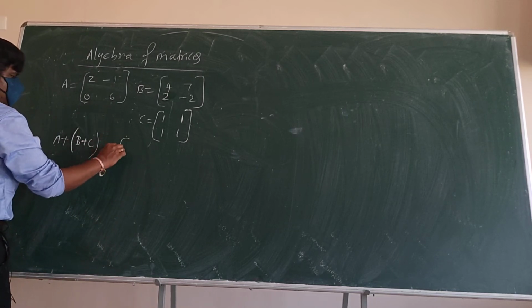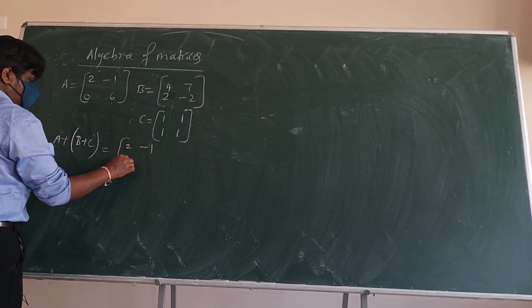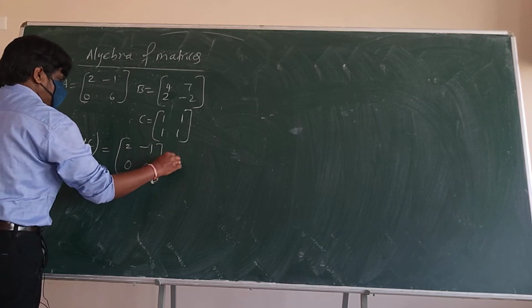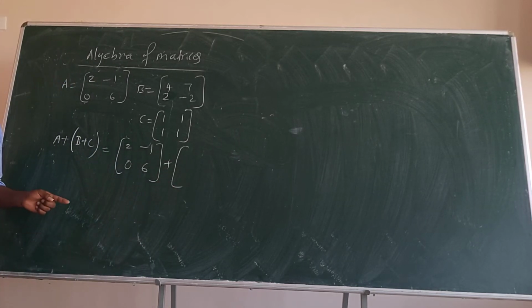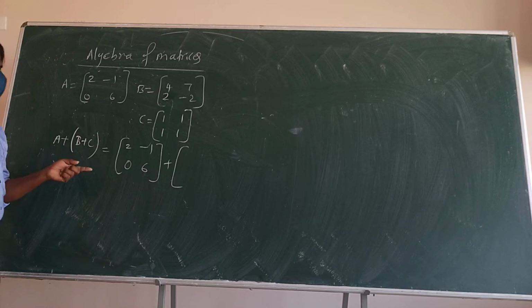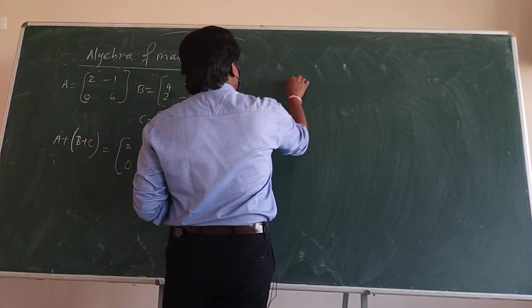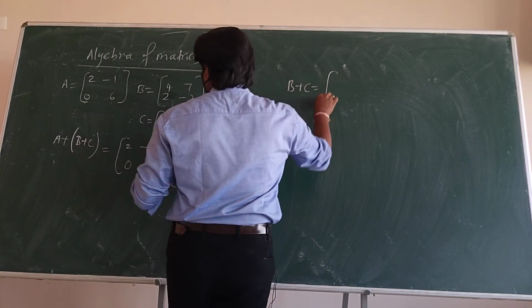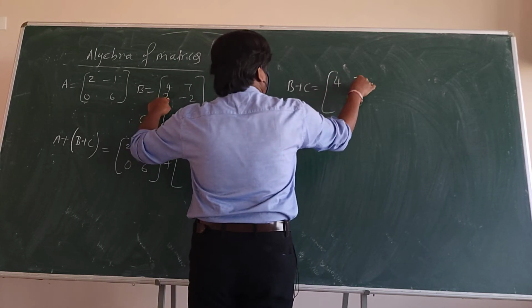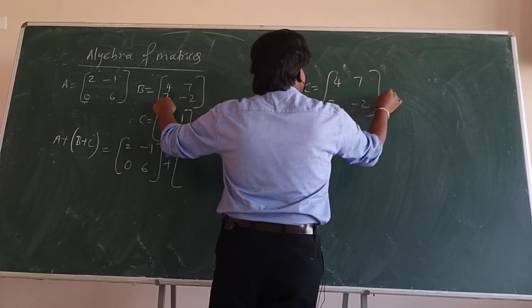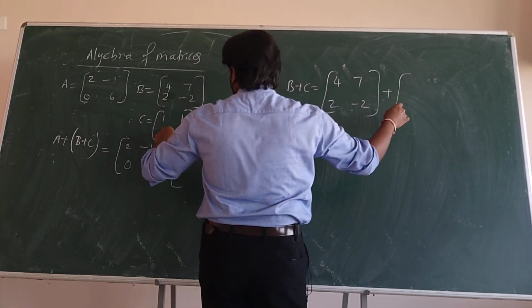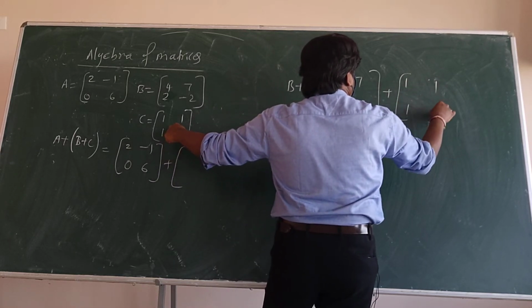We take the A matrix 2, minus 1, 0, 6, plus B plus C, which we do separately. First find B plus C. B is 4, 7, 2, minus 2, plus C is 1, 1, 1, 1.